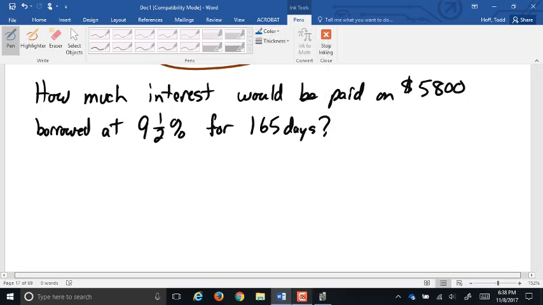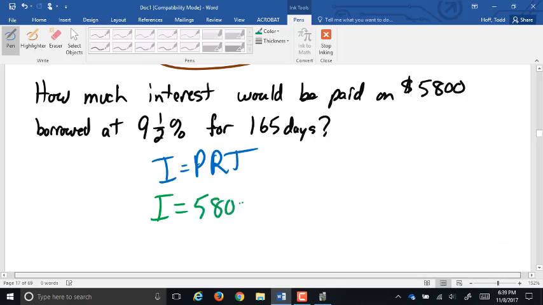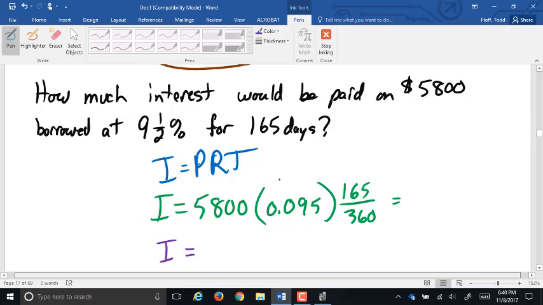I'll give you a minute to figure that one out. So I equals 5,800 times 0.095 for the 9.5 times 165 over 360. Why 360 that time? Because it doesn't say exact, so we assume ordinary. Very good. We multiply that out, what do we get? $252.54. Very good.